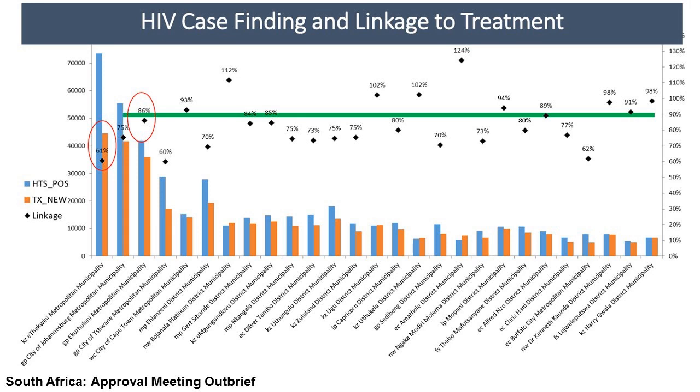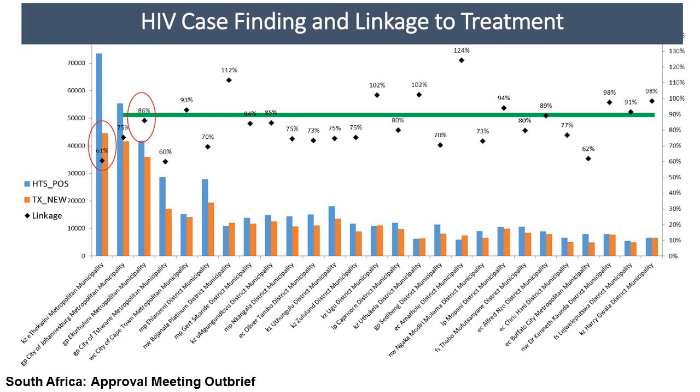That green line across the graph represents what 90-90-90 would dictate is necessary, so 90%. So ideally, we would see all of those black diamonds being at or above the green line.